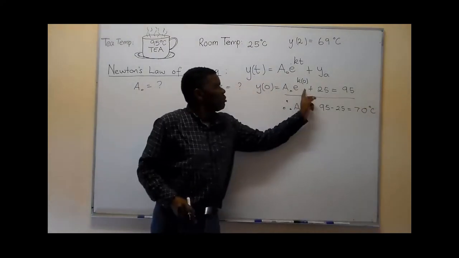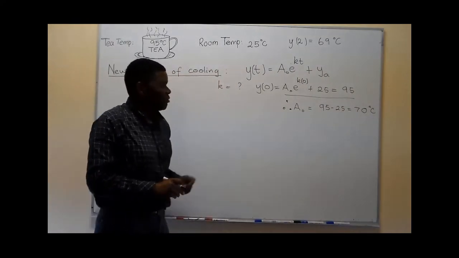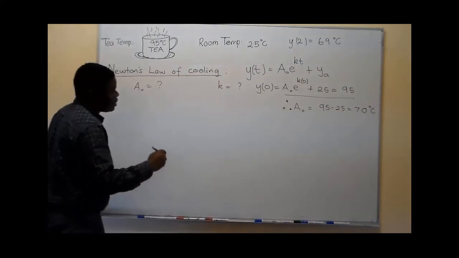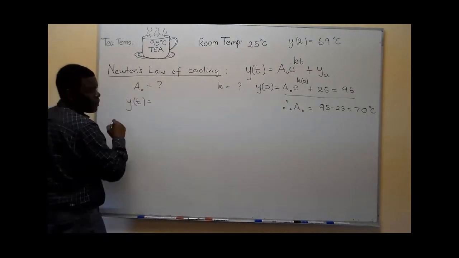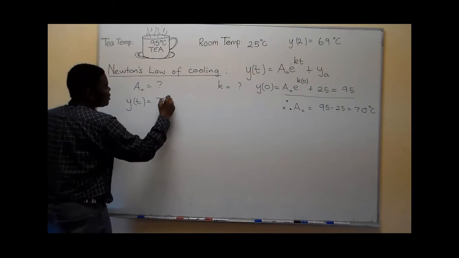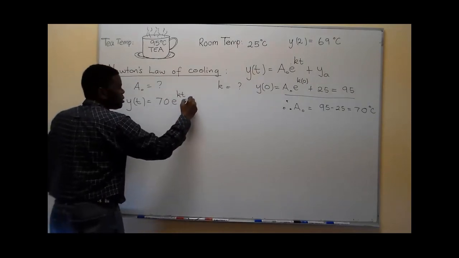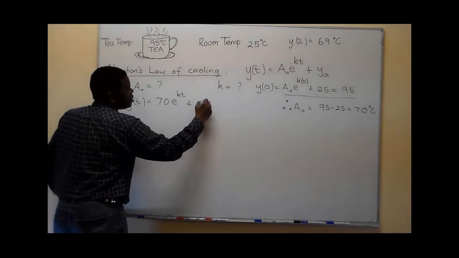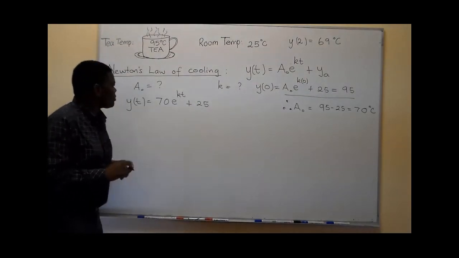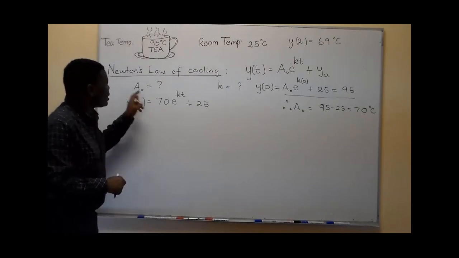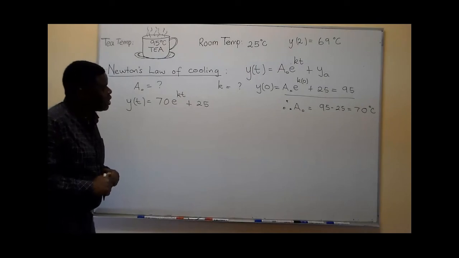Now, subtracting 25 on both sides of this equation, we get 70. So now we can rewrite the model as 70 e to the power kt plus 25. So now we've achieved partly what we were supposed to do, to get the value of a0, and the function we can now express this way.